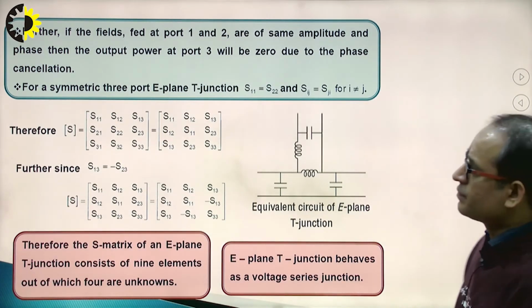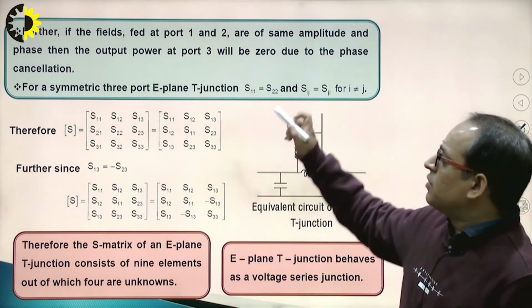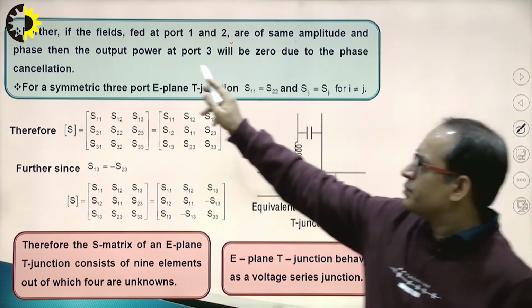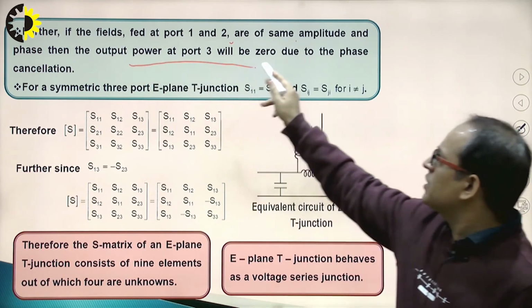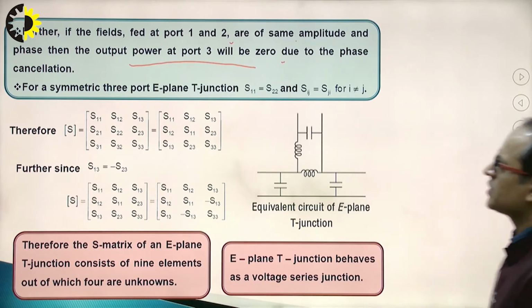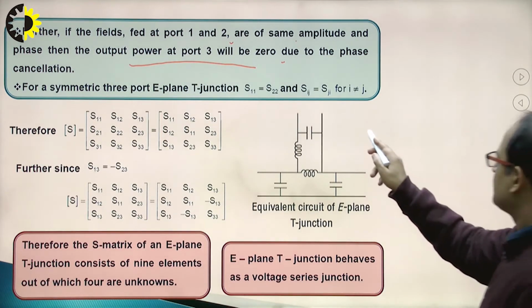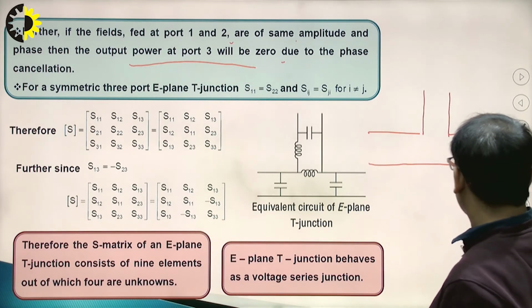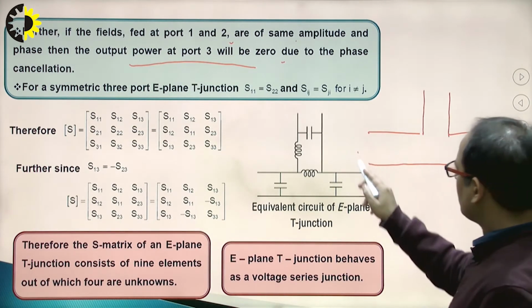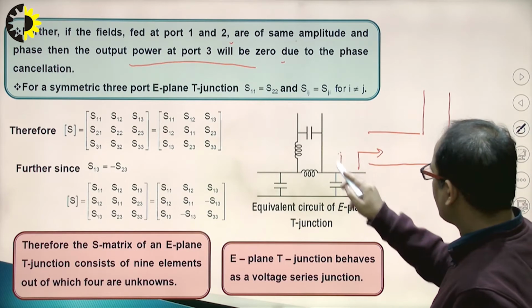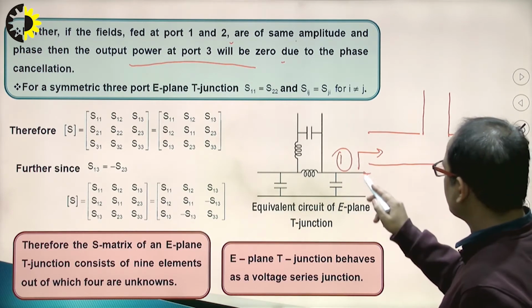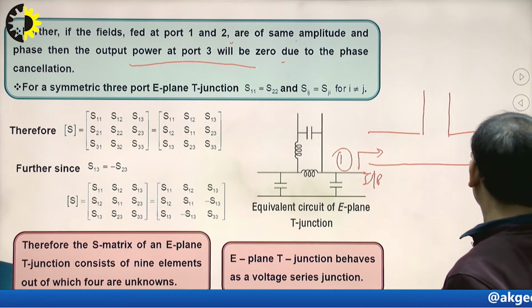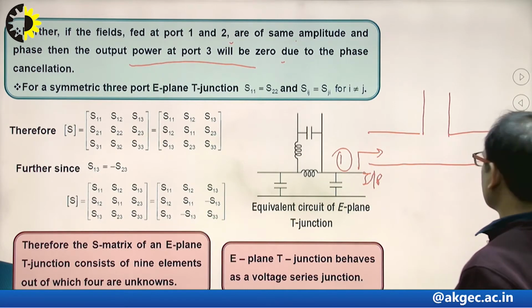Now see, further, if the field at port number 1 and port number 2 are of same amplitude and phase, then the output power P3 will be 0 due to phase cancellation. Means if I say at port number 1 this is the input, and this port number 2 has another input.